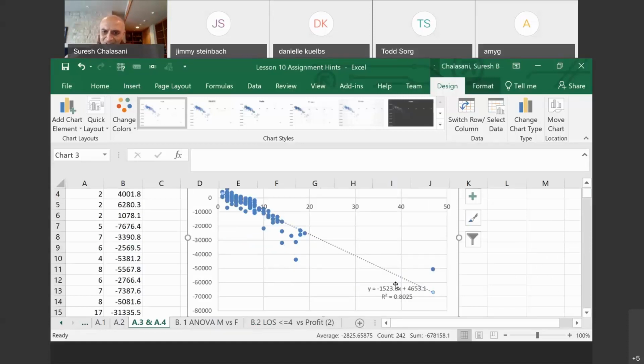Once again, this equation would be different when you complete the homework, because I'm not using the complete set of data. I'm only using a sample set of data.